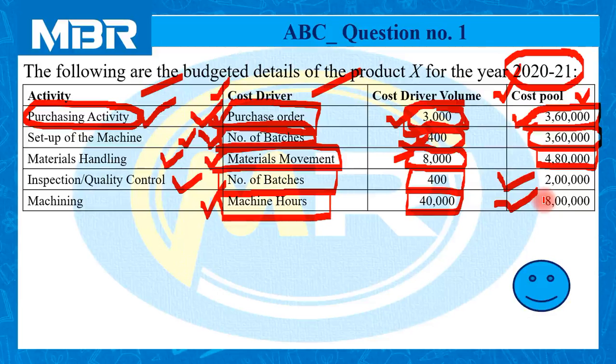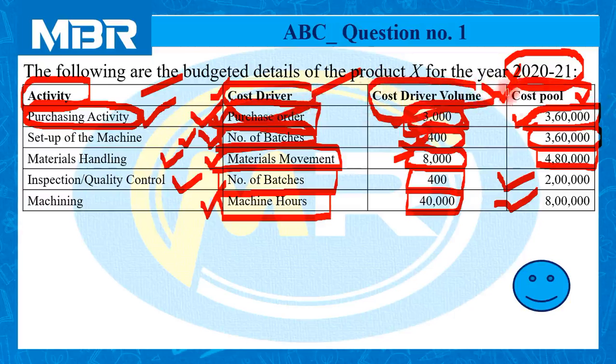So in the given table, the examiner has provided ready-made information related to activity, cost driver volume, and cost pool, that is, the total amount spent on different activities related to production.